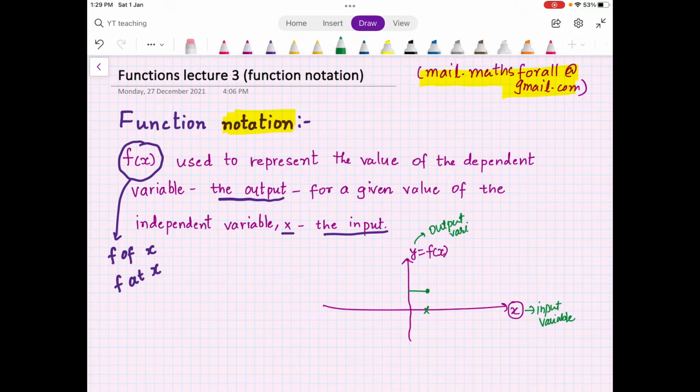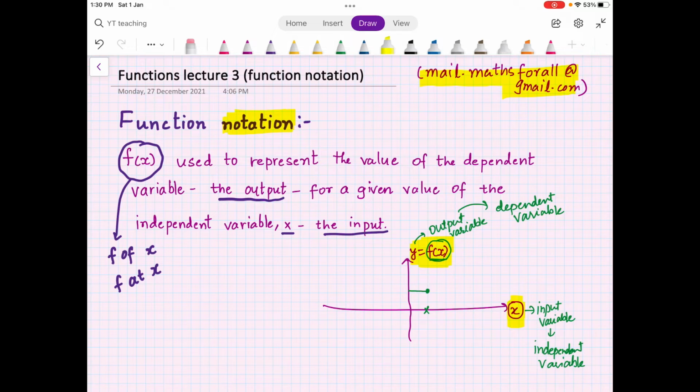We denote it with f of x just to show that this value is dependent on x. So we call this the independent variable, and this f of x we call the dependent variable.